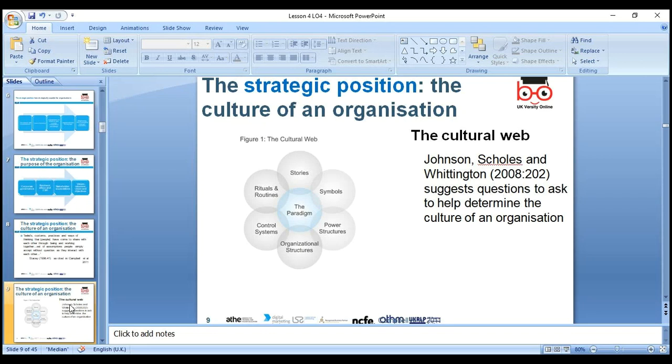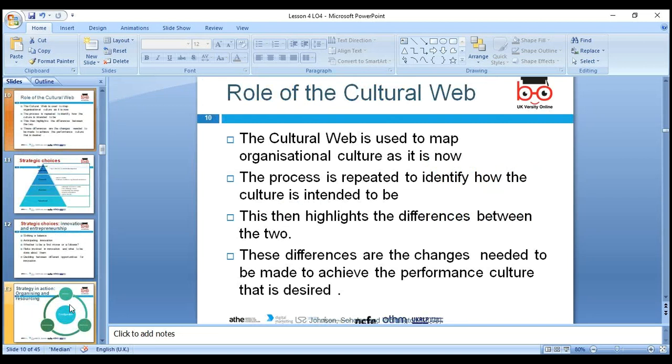So this is the paradigm we need to understand to implement the change effectively. The role of the cultural web, of course, is used to map organization culture as it is now. The process is repeated to identify how the culture is intended to be and then highlight the difference between the two.